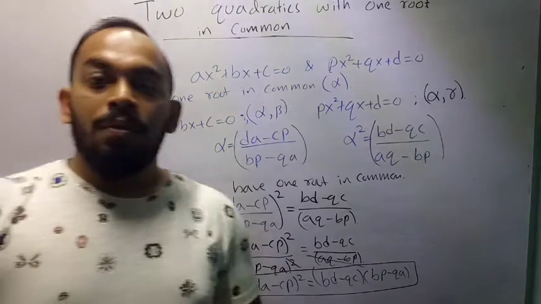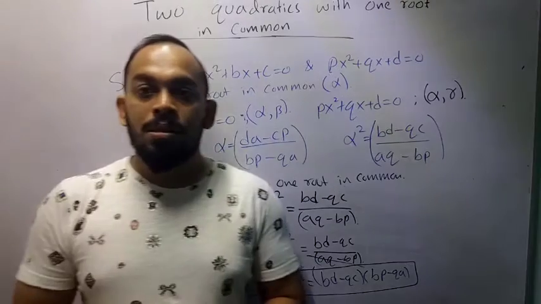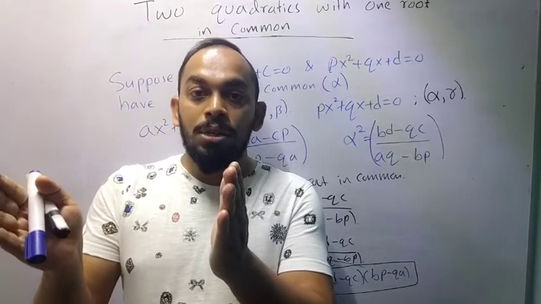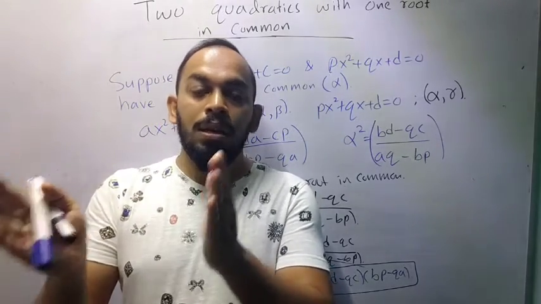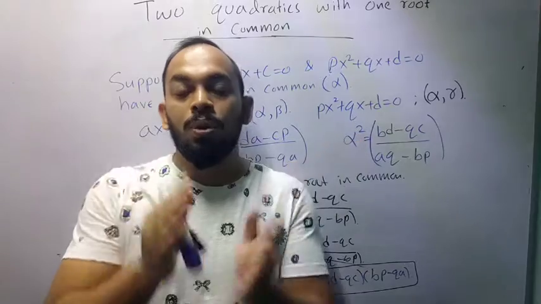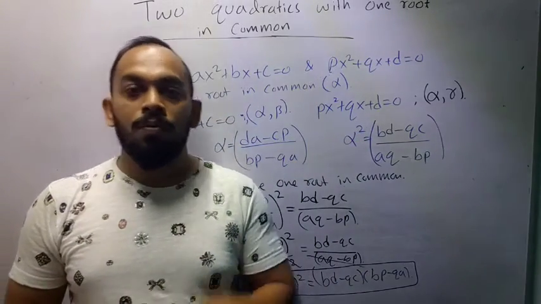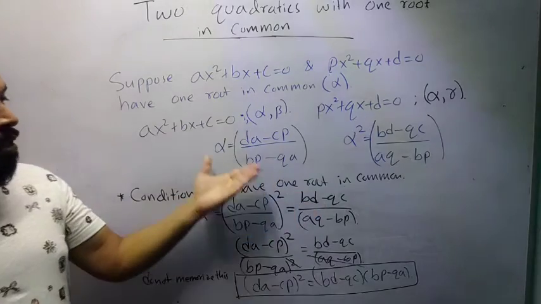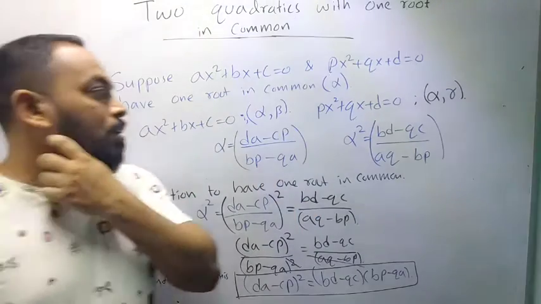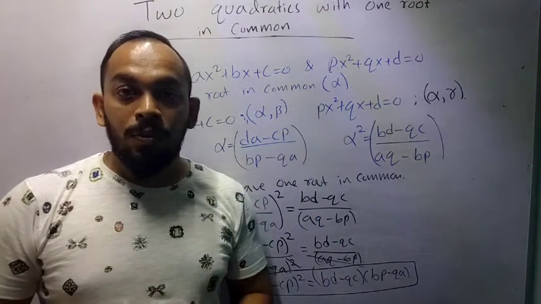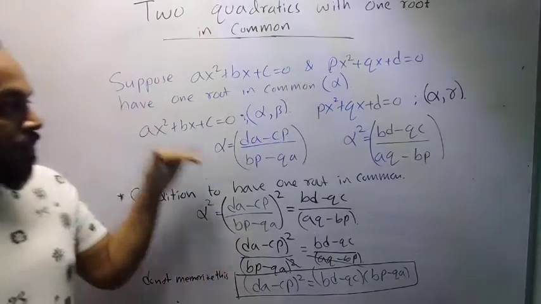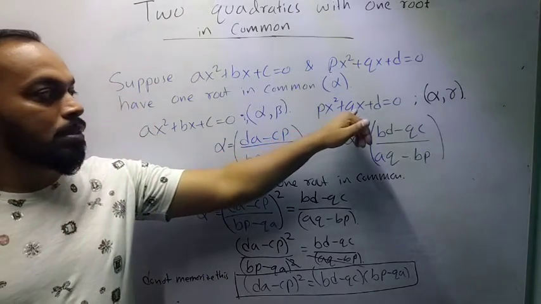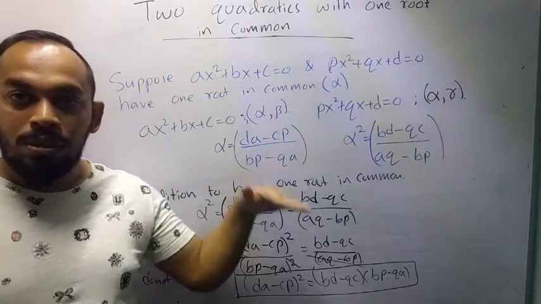When it comes to questions, they might ask you to show a certain condition that has to be satisfied in order for two given quadratic equations to have one root in common. In that case, this is the way you follow. First, you write down the two equations with one root in common, a alpha squared plus b alpha plus c, then p alpha squared plus q alpha plus d equals 0.